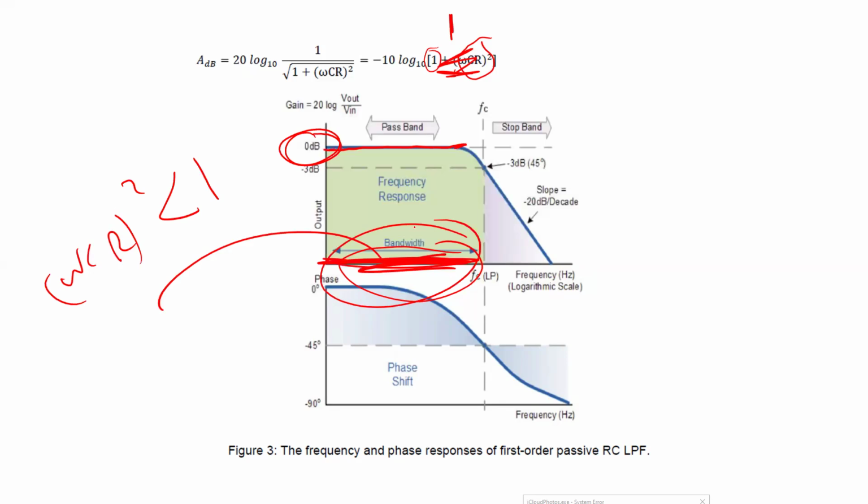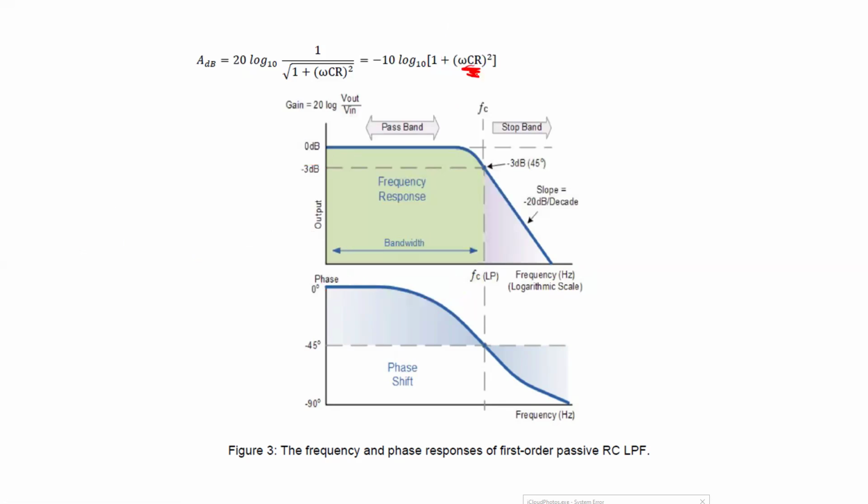However, as we increase the frequency, we cannot ignore this part anymore. At high frequencies, omega C R squared is much greater than 1, and this is how the equation looks.